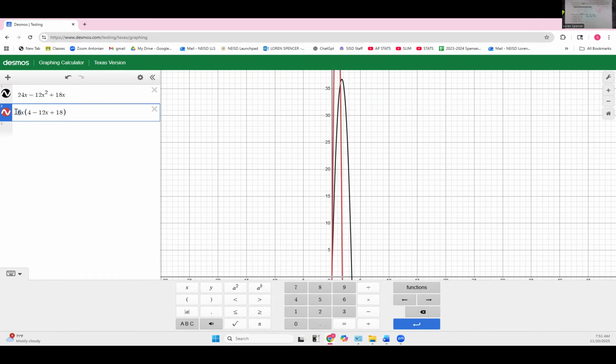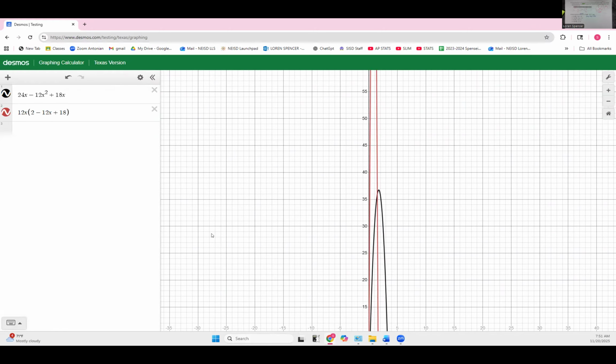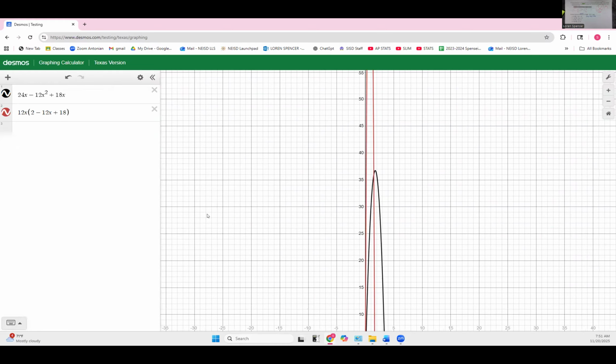And we go, okay, the next one starts off with a 12x, and then a 2 here, and then a -12x plus 18. And that one doesn't work either. So then we try the next one.